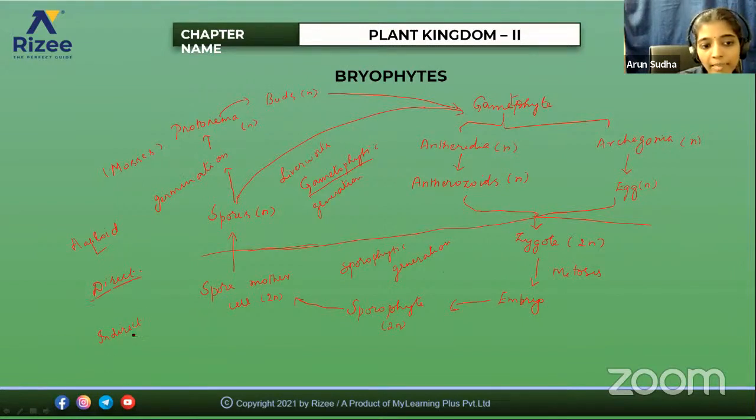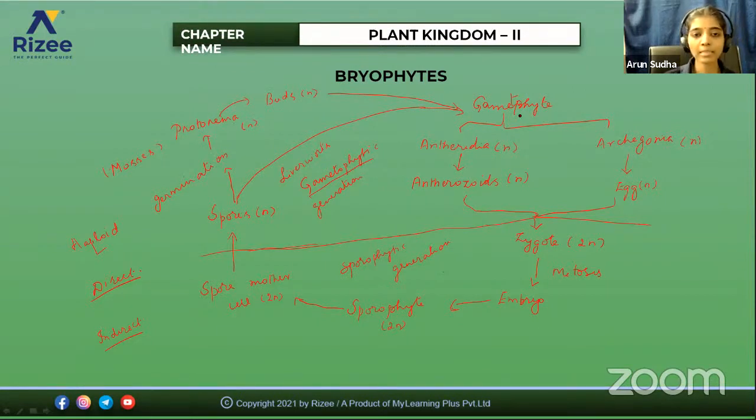So what is direct and indirect? In liverworts, one spore directly grows into a gametophytic plant body. So it is a direct development. But in the case of mosses, the spores first germinate to form a leafy structure called Protonema that forms buds and which develops into a gametophytic plant body.